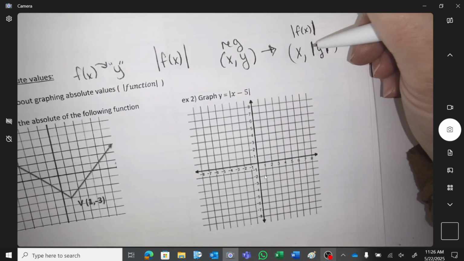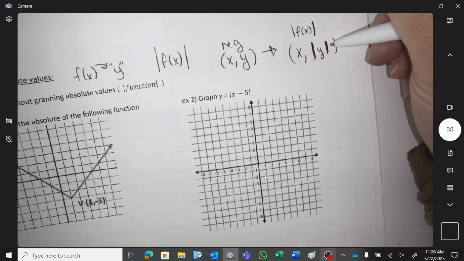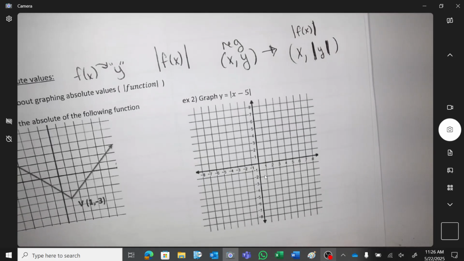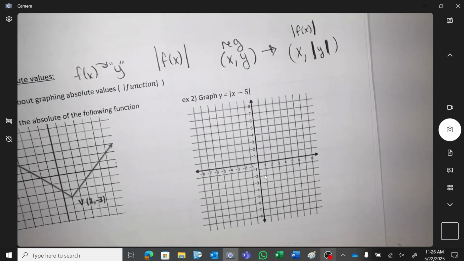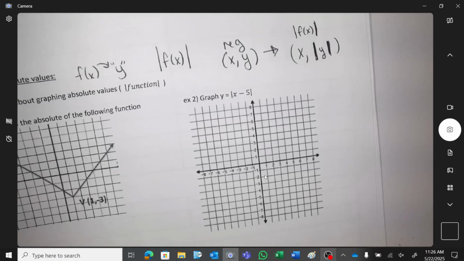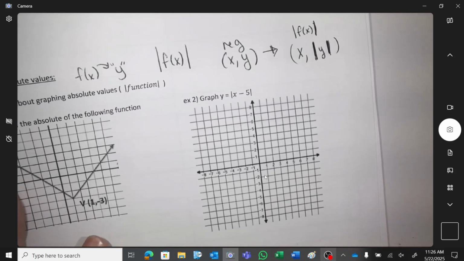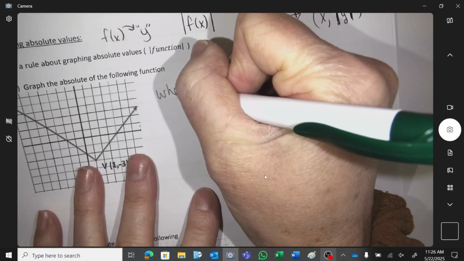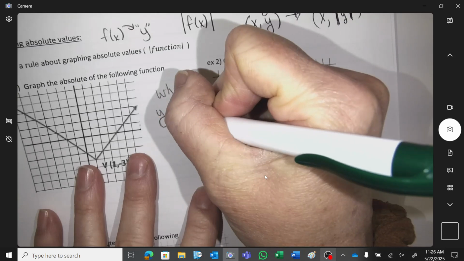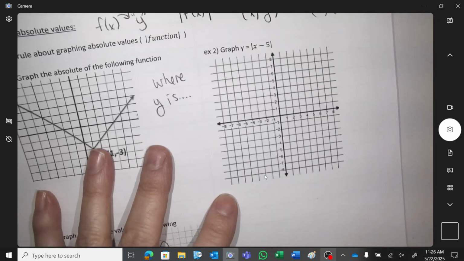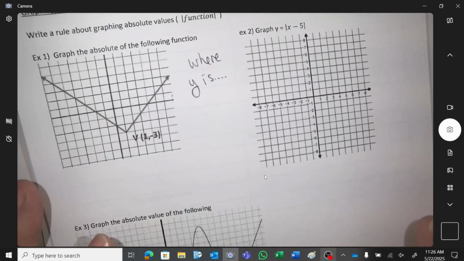You're going to absolute value just the y coordinate. Okay, so there's 3 ideas.